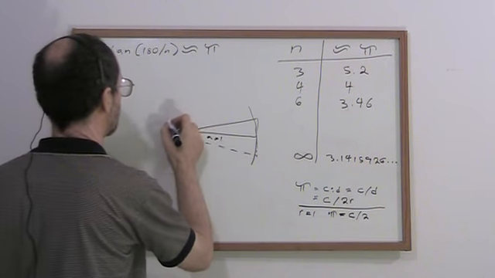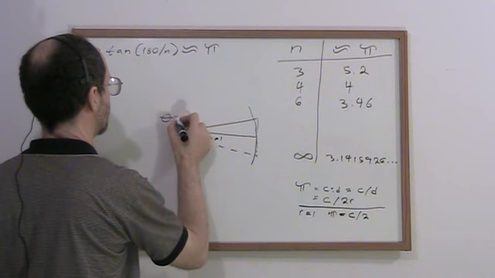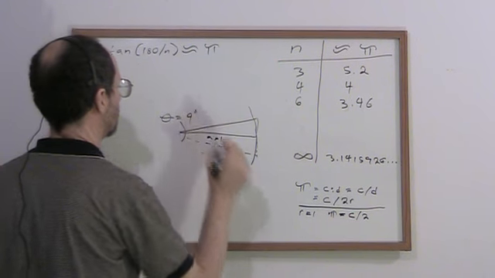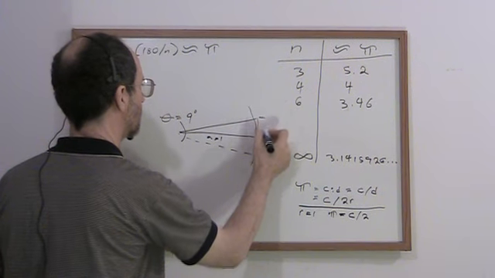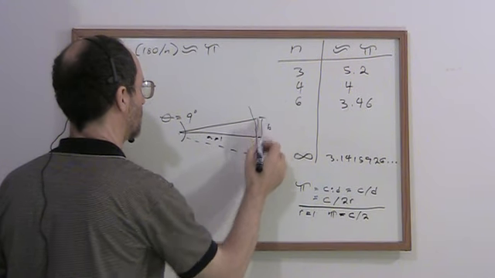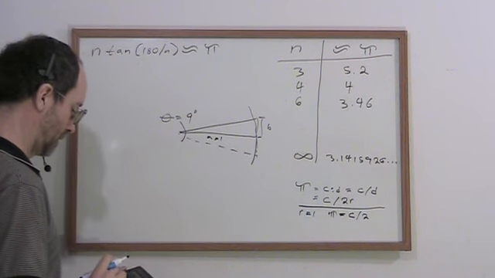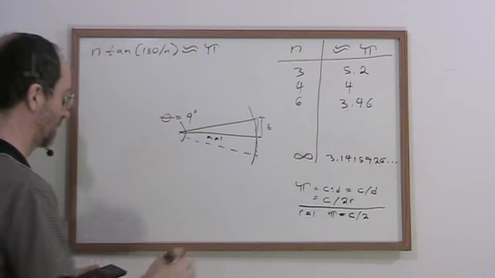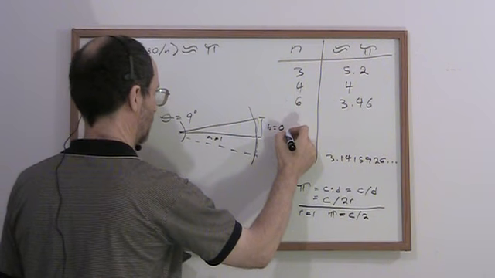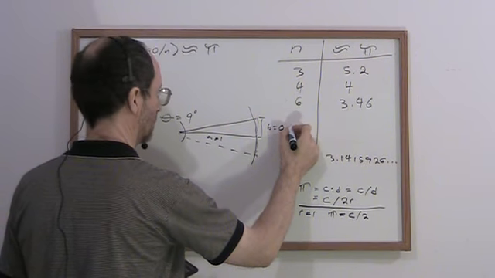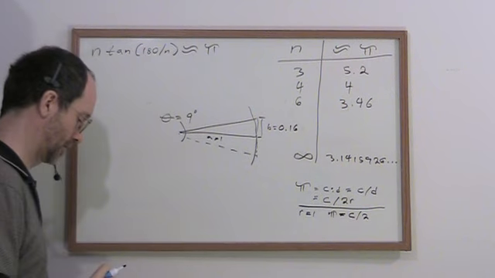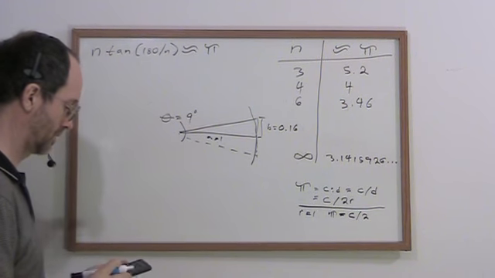In this case, theta equals 9 degrees. Okay, so tangent 9, b equals 0.16, times 20.